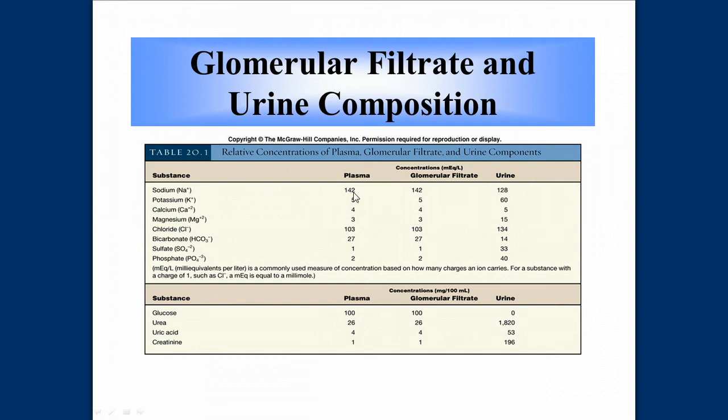Sodium 142 milliequivalents per liter, and potassium 5, calcium 4, and so forth, chloride, bicarbonates, sulfates. This is what is found in plasma. Look how it compares to the glomerular filtrate.